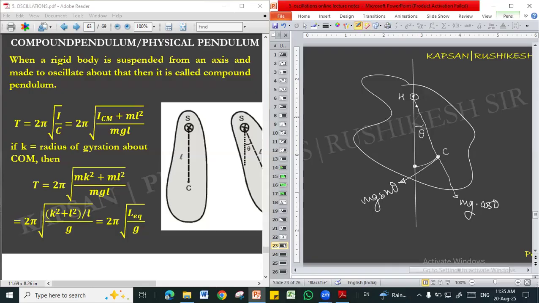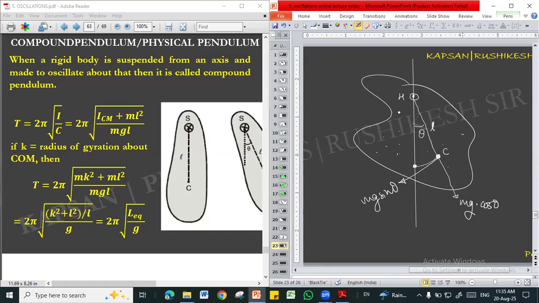So let us take the distance between the hinge and the center of mass as the length of the pendulum. You can assume this entire mass to be concentrated at the center of mass. Now this becomes a very similar situation to a simple pendulum. Basically, it is a compound pendulum. Compound means there are n number of point masses.